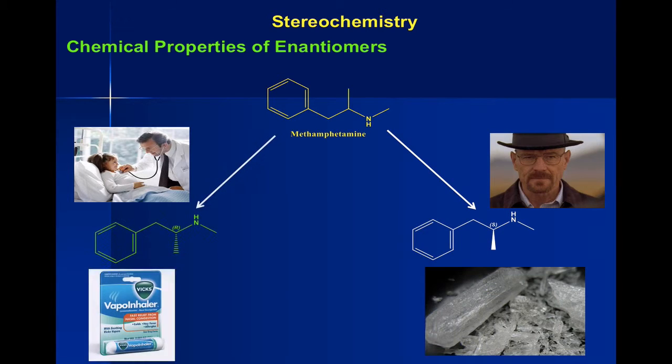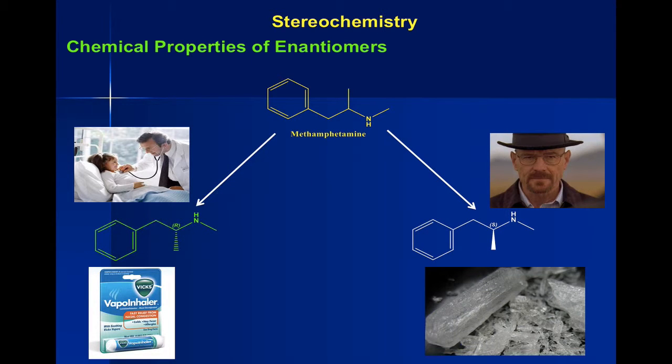However, the R enantiomer, you can go and buy right now at Walgreens in a Vicks Vapo inhaler. And it will say on the back, Lev methamphetamine. Lev meaning that it rotates in a levorotatory fashion the optical plane polarized light. Okay? These are identical molecules in all respects except how they're configured at that particular carbon.